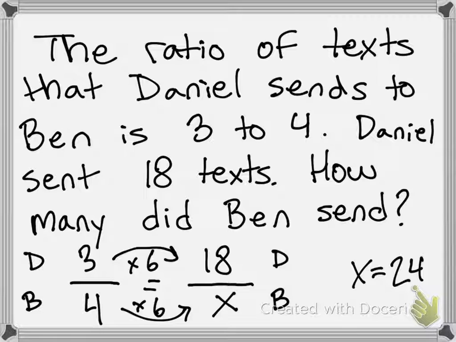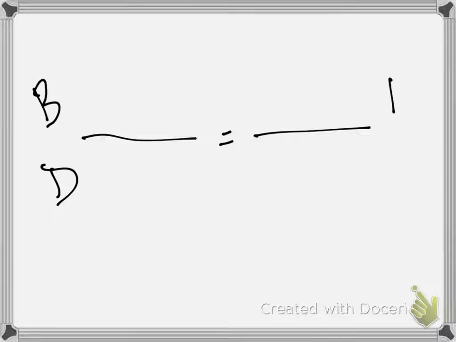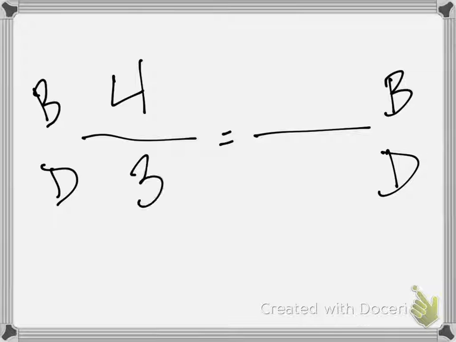If you're wondering and you said, but I put Ben on the top, that's fine because the ratio is going to be the exact same. We would have Ben on top, Daniel on bottom. Ben sent 4, Daniel sent 3, Daniel sent a total of 18, and Ben sent an unknown amount.